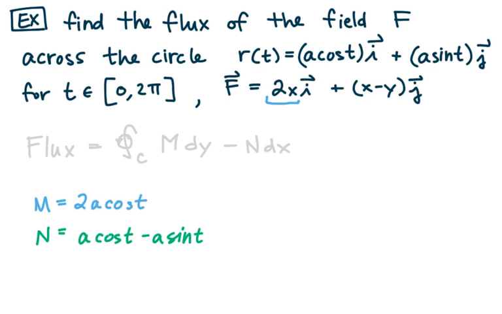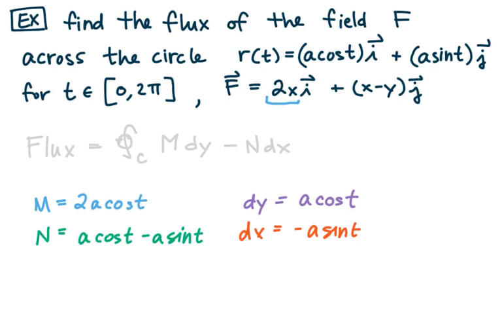So now, of course, I need dy, which is the derivative of a sine t, which will give me my dy value to equal a cosine t. And then my dx value, the derivative of a cosine t, dx, is negative a sine t.